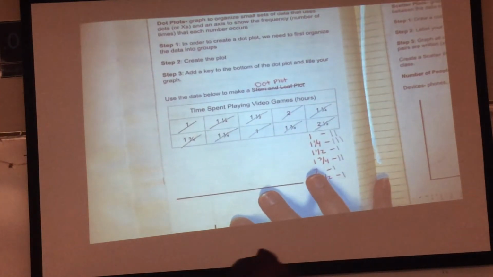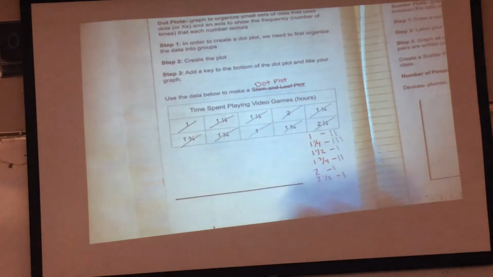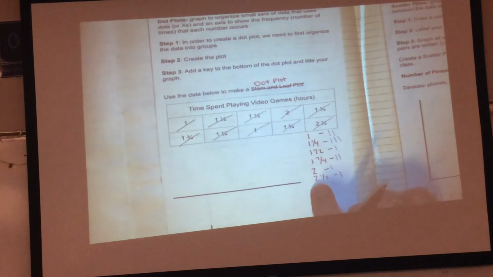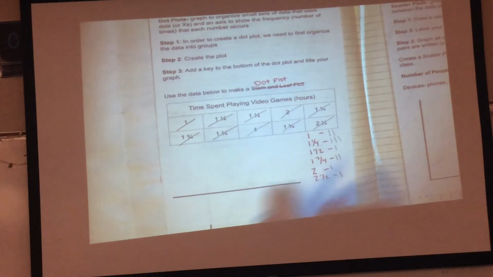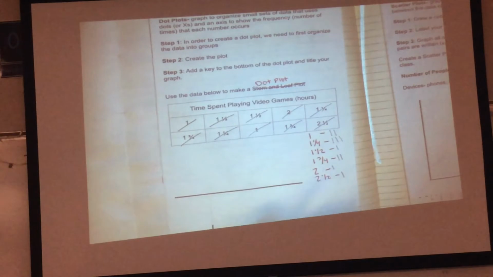Now step 2 is to create the plot. So I'm going to add these hours down here on my axis.